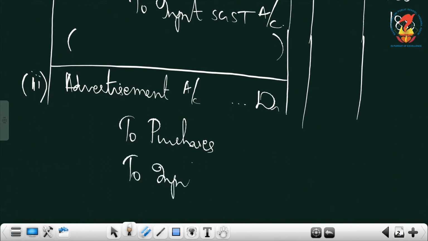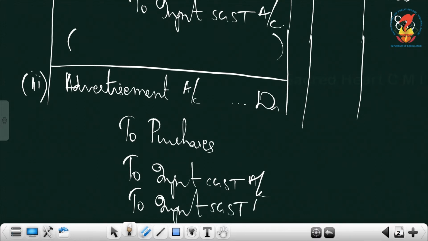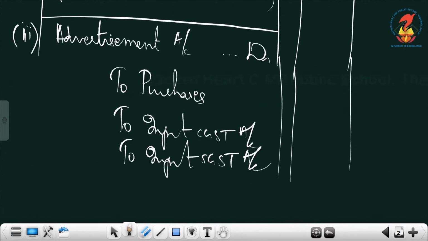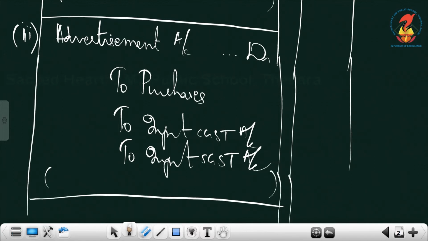To purchases, then you cancel the GST also. To input CGST, to input SGST. Write the narration: goods given as samples and GST reversed.